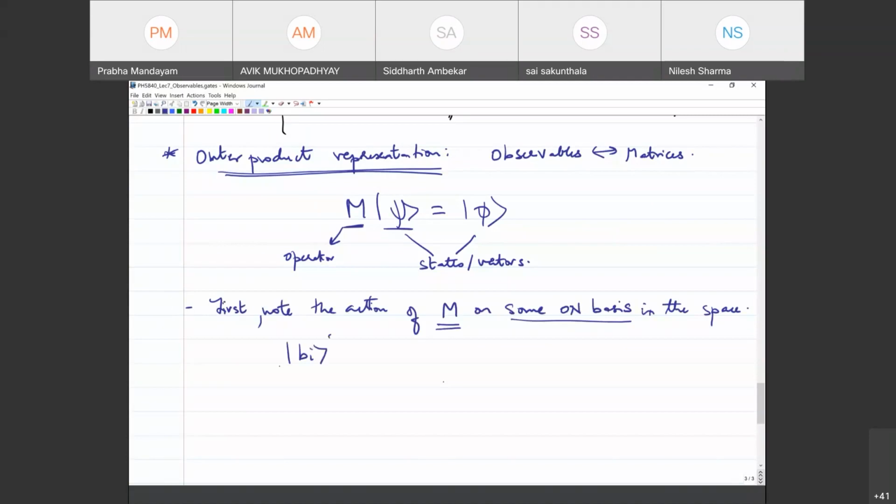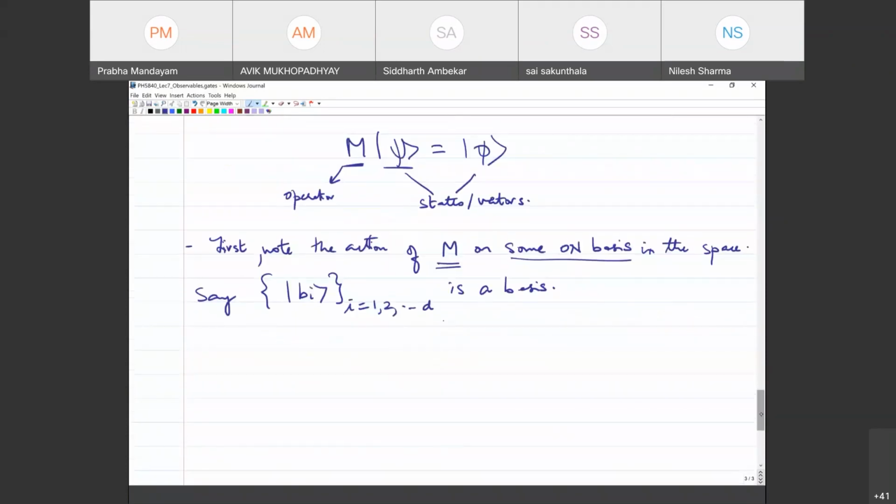Let's say this is some d-dimensional Hilbert space, so i goes from 1 to d. When I say basis, I always mean an orthonormal basis, okay? So now what this means is, you know the action of M on Bi, right?